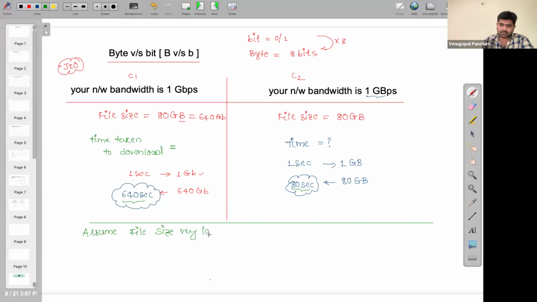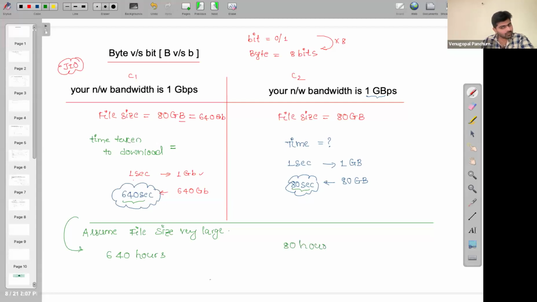So assume the file size is very large. If in this case it is taking 640 hours, then in this case how much will it take? 80 hours, right? Very good.